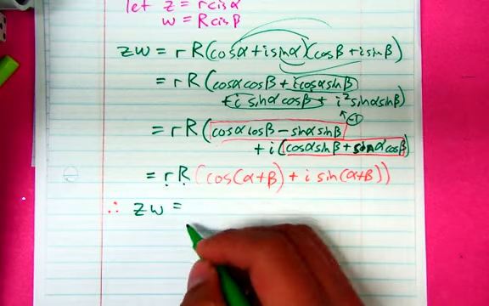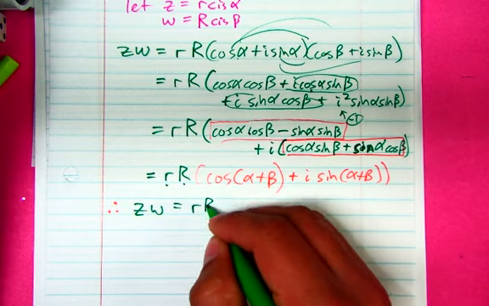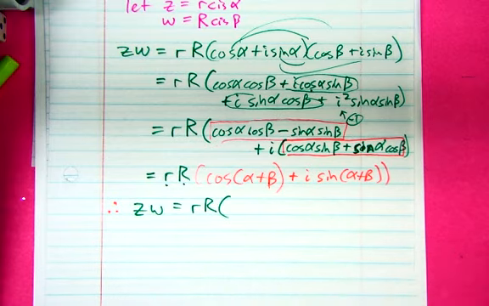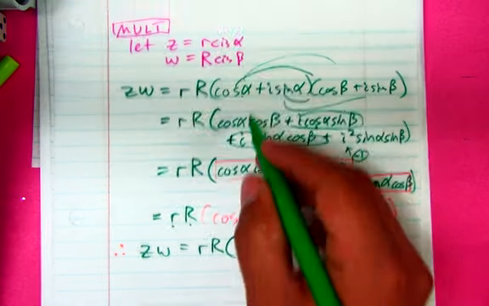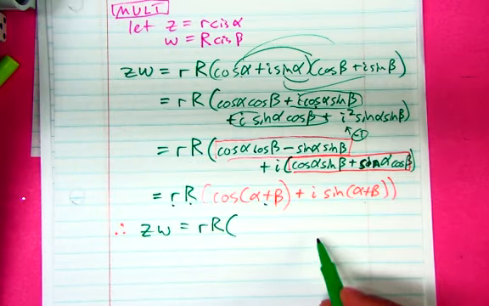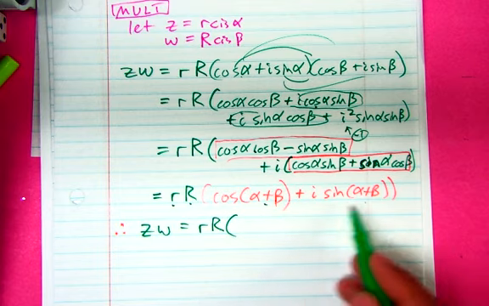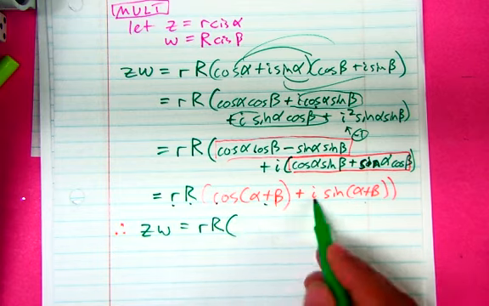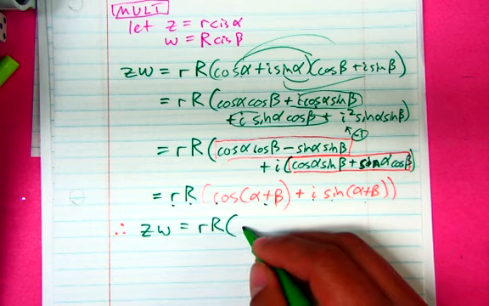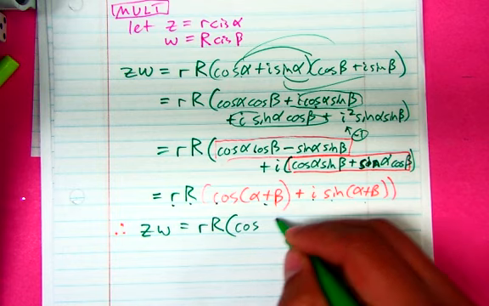The two radii get multiplied, right? And then what happens with the trig part? Because this is CIS, isn't it? Yeah, it is. Cosine, i sine. So it's still CIS form. It's just the angles now. We just added, right?